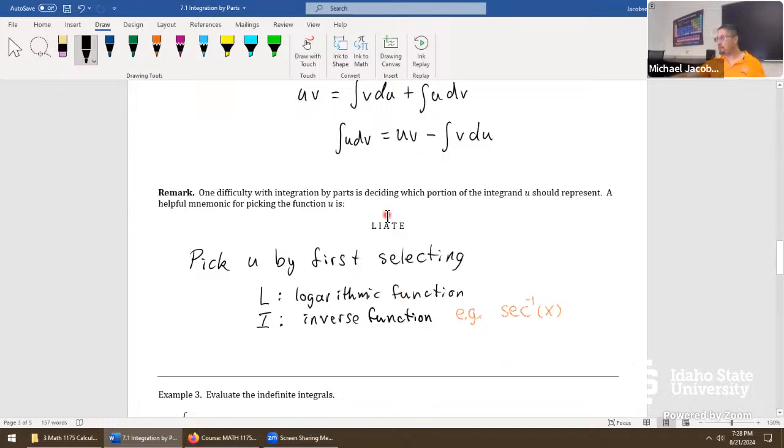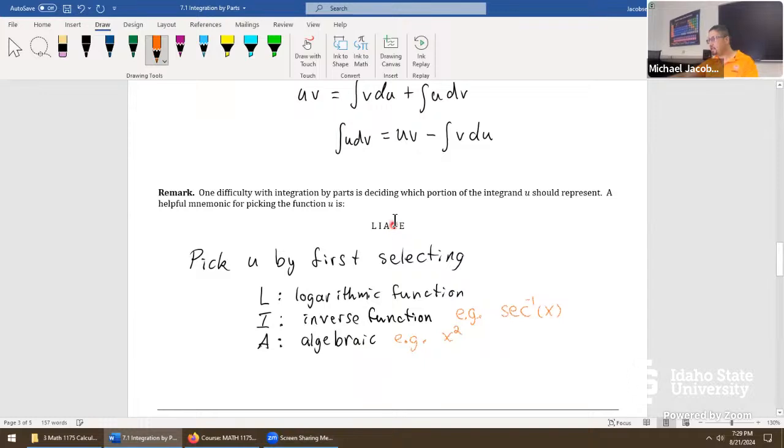Anyone happen to know what A would represent? Going in the similar spirit here. What kind of function would A be? Exactly. Algebraic would be anything along the lines of x squared plus 7x, maybe square root of x, those kinds of things. So A, algebraic. Let's put an example there just to be specific. So for example, x squared. T, that's got to be trigonometry.